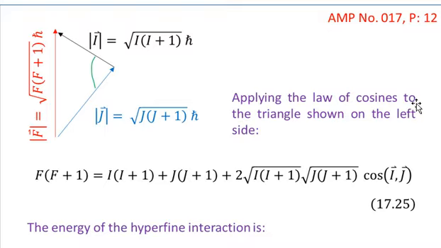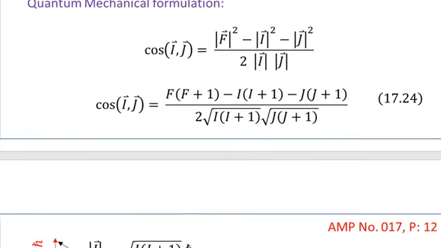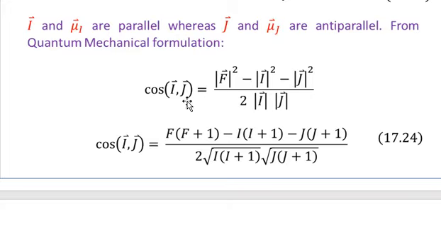By applying the law of cosines, I have written this expression. If you are familiar with the law of cosines, you can readily understand how we obtain the relationship shown in the step prior to equation number 24, where I have applied the law of cosines to that triangle.